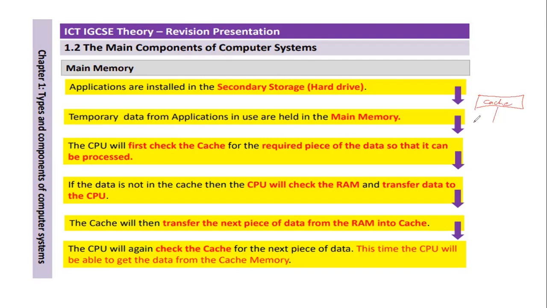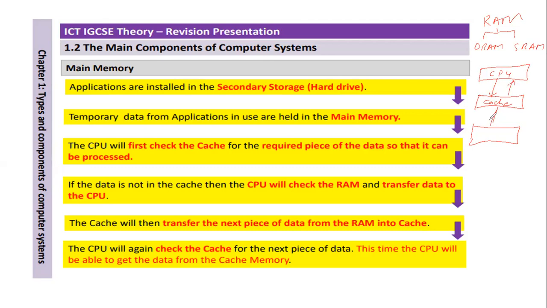There are two types of RAM: one is DRAM, dynamic RAM, and the second is SRAM, static RAM. Cache is basically SRAM. The CPU first looks for an instruction in the cache.